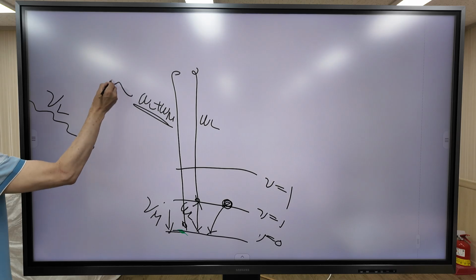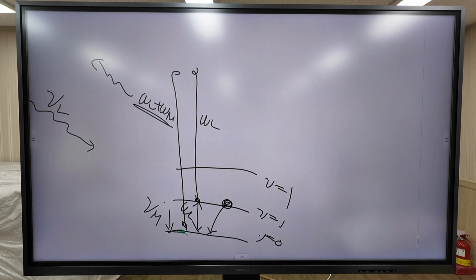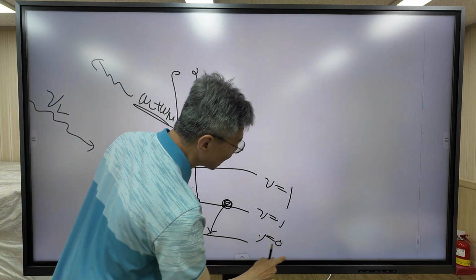This photon is scattered out. This photon is called anti-Stokes.